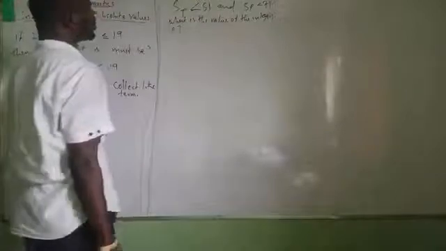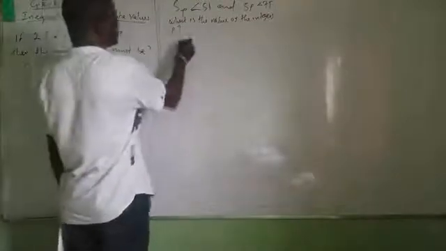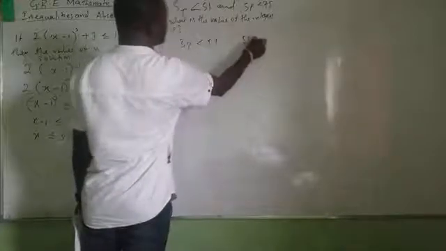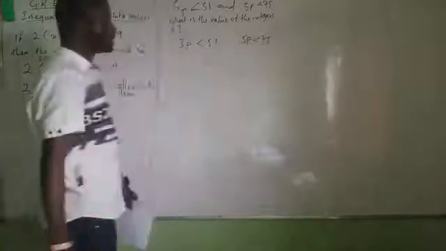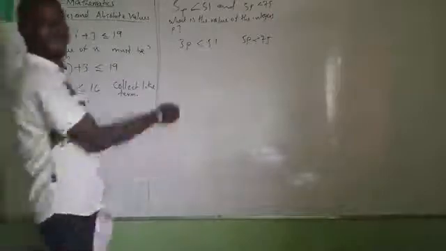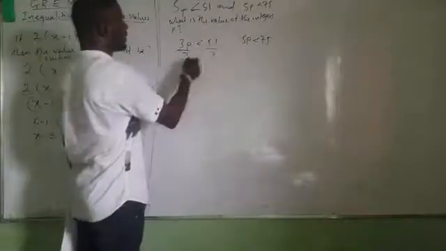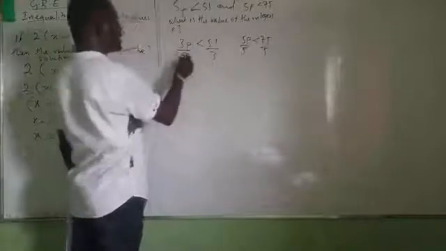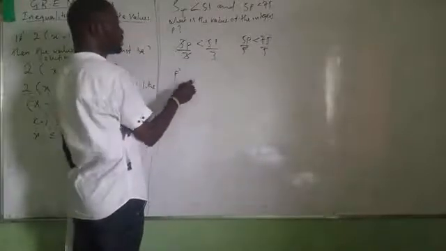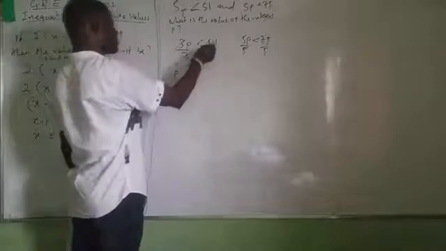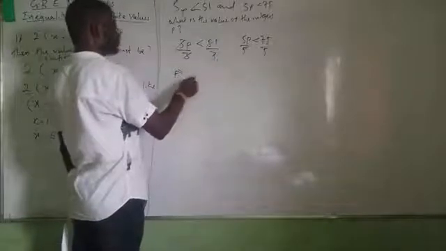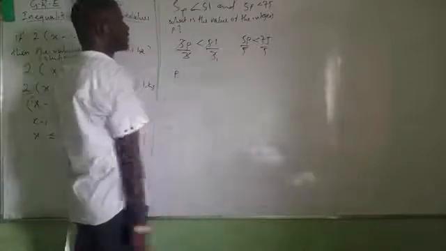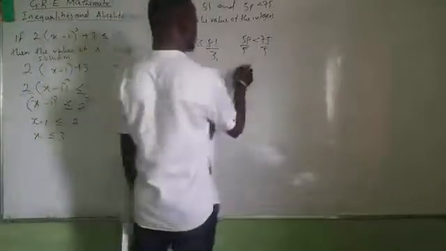I have 3p less than 51 and 5p less than 75. The only thing I need to do here is divide both sides by 3, and divide the other by 5. Here we cancel, p will be here 1, I have 17, and this will be 15.